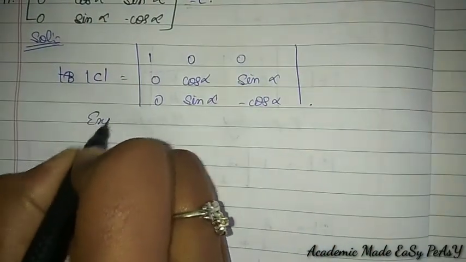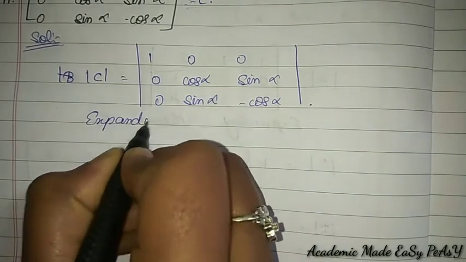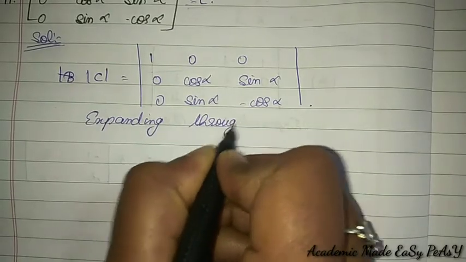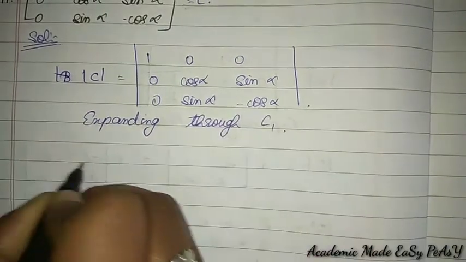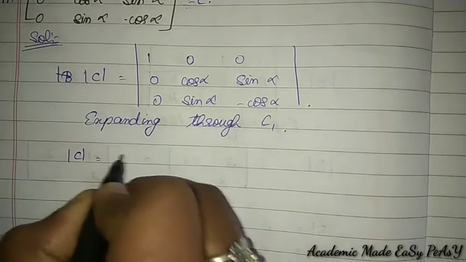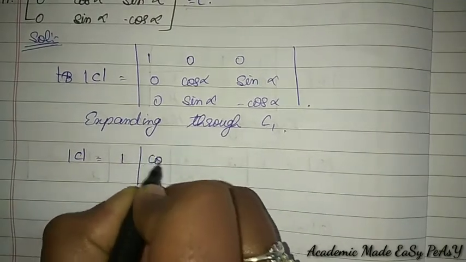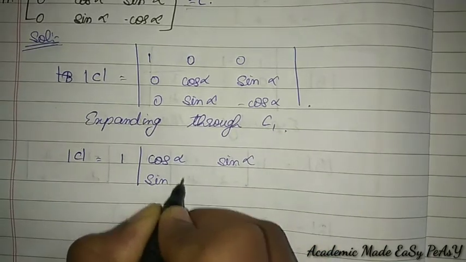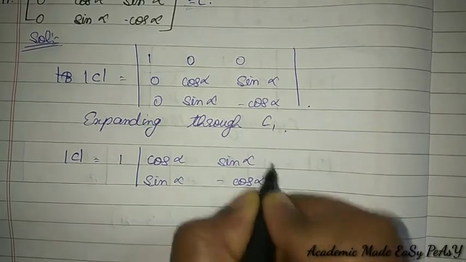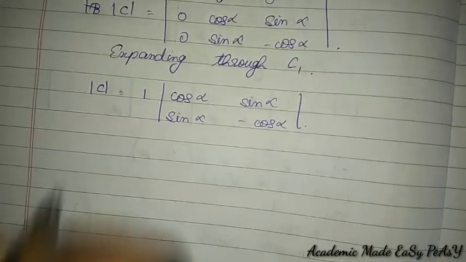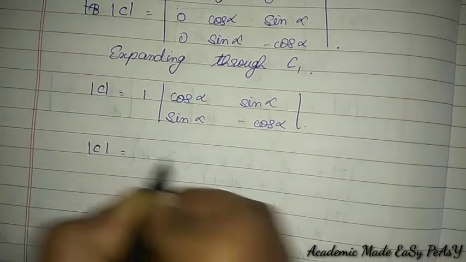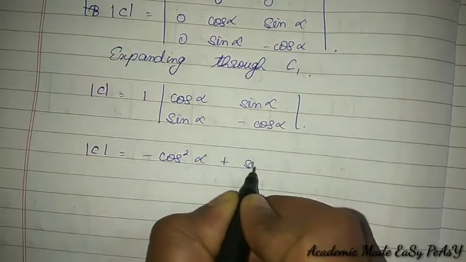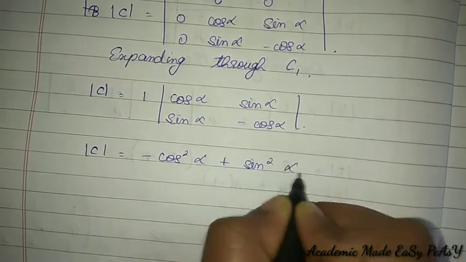So I will expand through column 1. So determinant C is equal to 1 into cos alpha, sin alpha, minus cos alpha. Okay, so now determinant C is equal to minus cos square alpha plus sin square alpha.